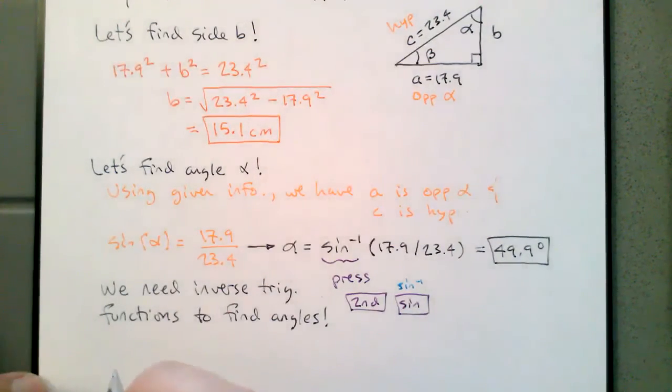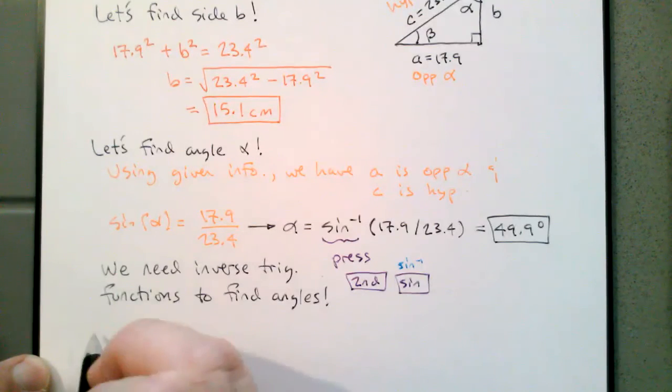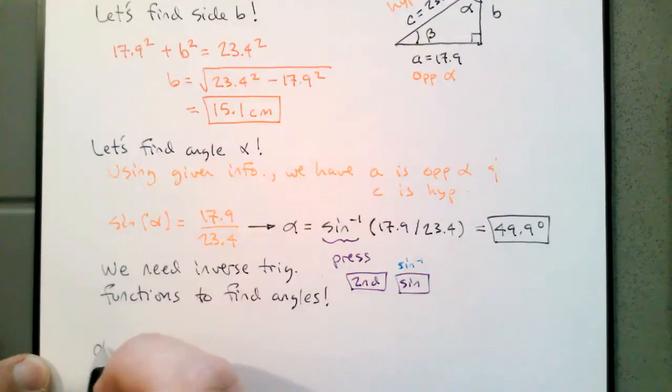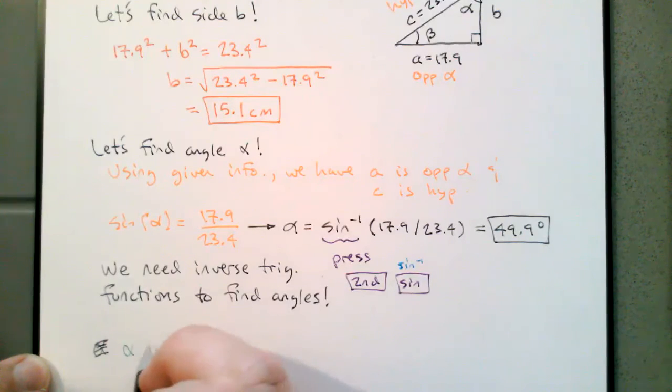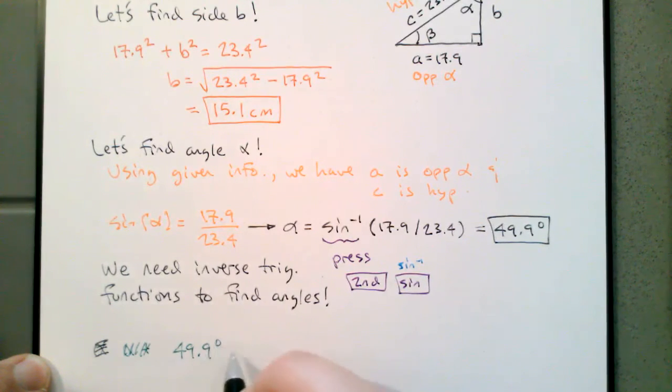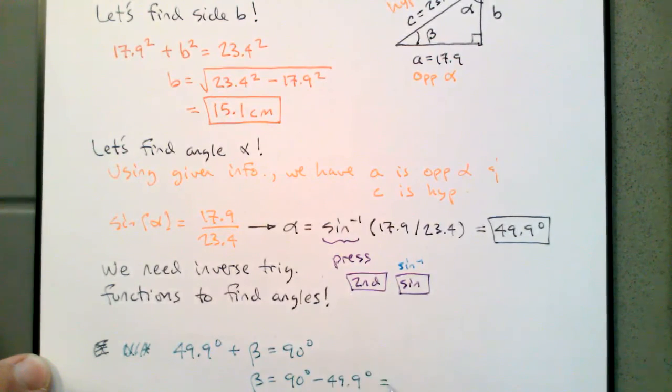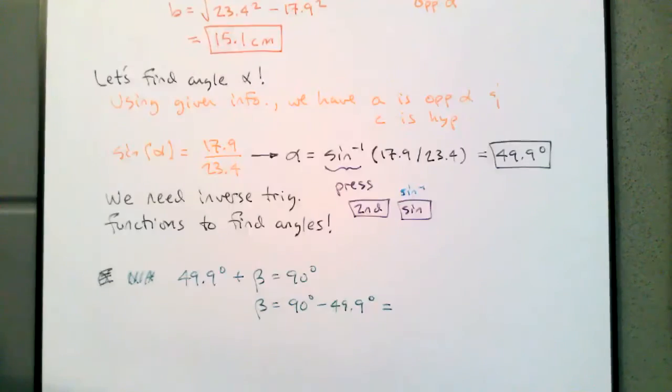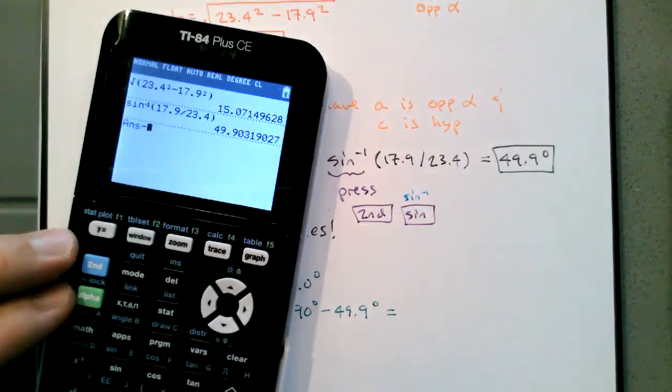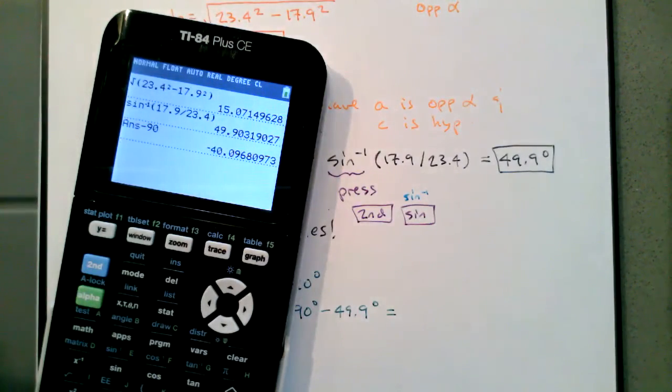So alpha plus beta is equal to 90 degrees. Alpha is 49.9, so beta is 90 degrees minus 49.9 degrees. So I'll subtract from 90 and I'll get 40.1 degrees.